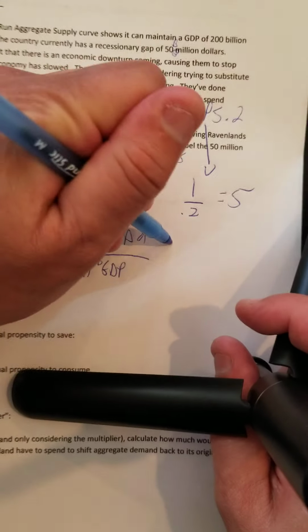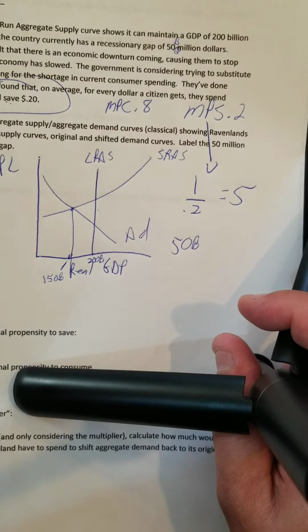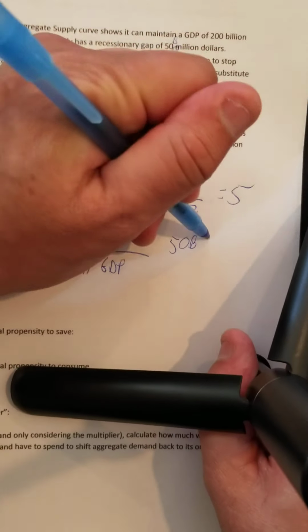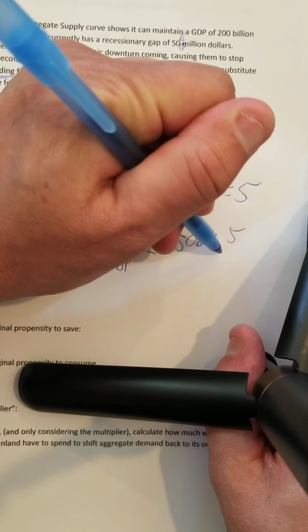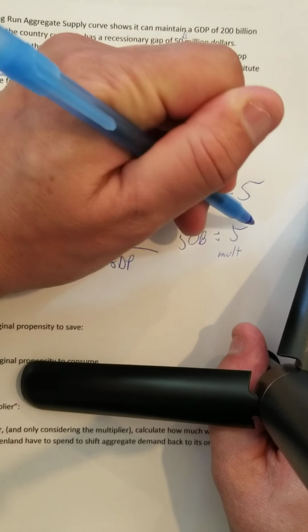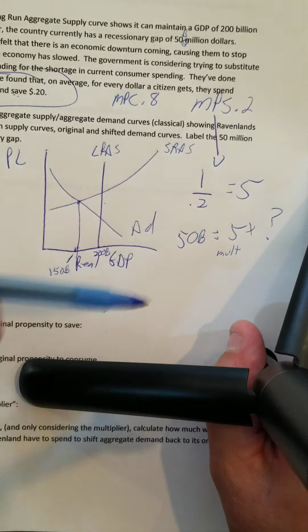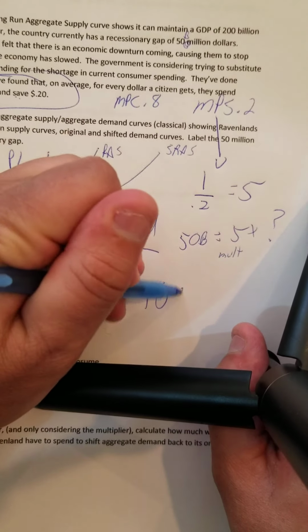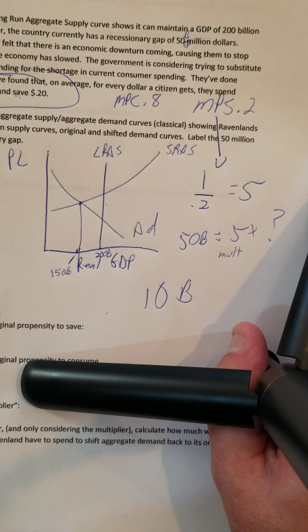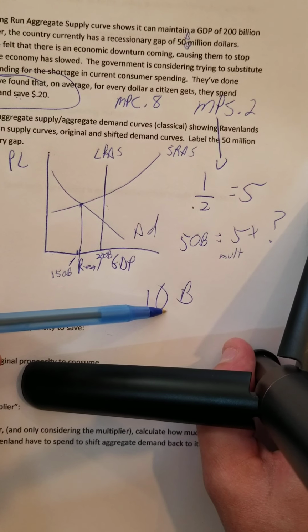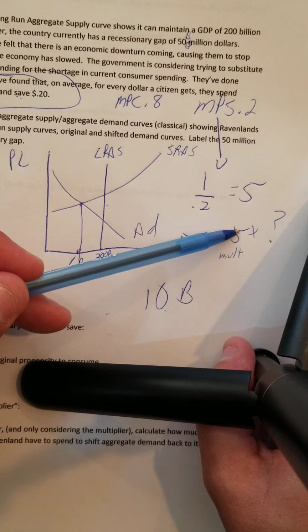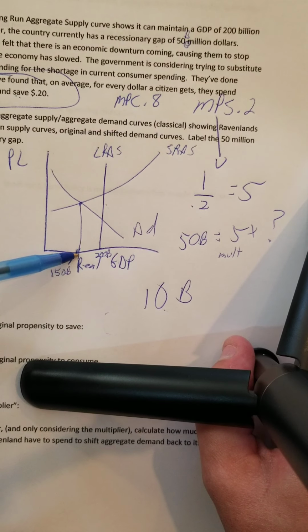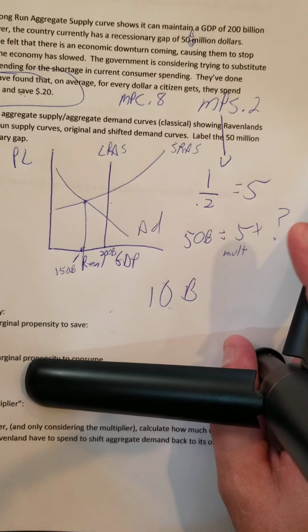We have a $50 billion recessionary gap, so our multiplier is 5 times how much spending to make that up. Obviously our answer here is they have to spend $10 billion. They spend $10 billion, it gets multiplied by 5, and that makes up the $50 billion recessionary gap.